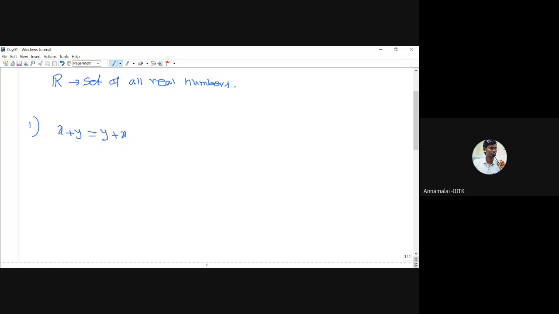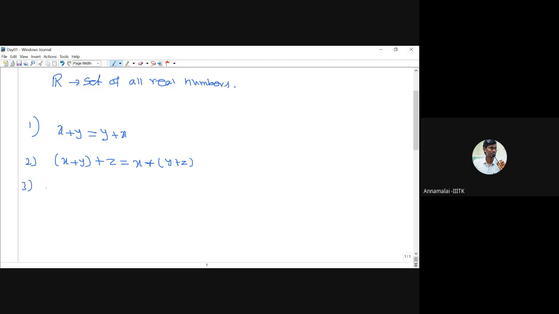Any two real numbers satisfy this. Second, the associative property: x plus (y plus z) is the same as (x plus y) plus z, for any three real numbers.